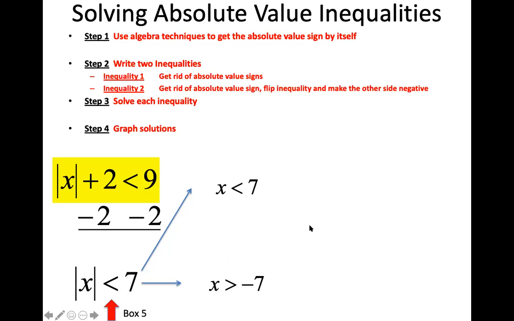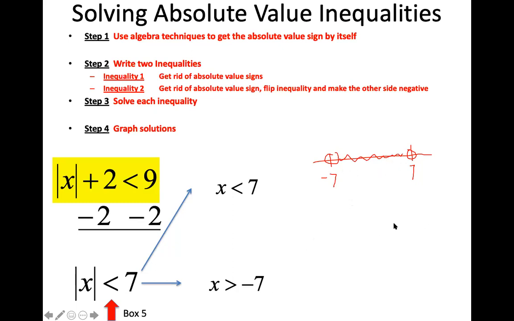Well, here's the only issue: it's an inequality, so we have to graph. It says the solutions are smaller than 7, but bigger than -7. Think about that on a number line. If you're smaller than 7, but bigger than -7, this is an and inequality.